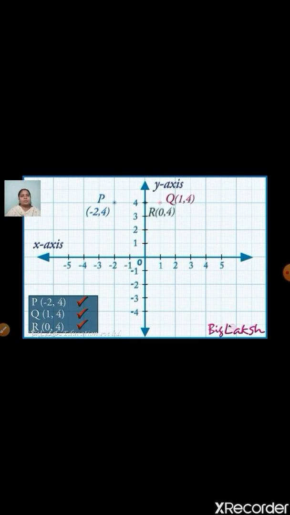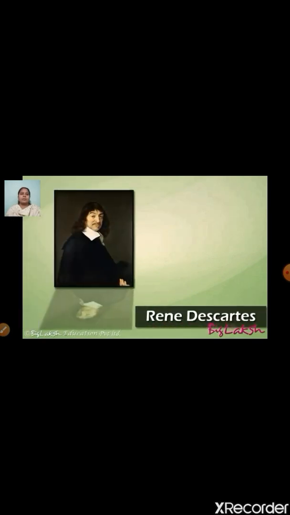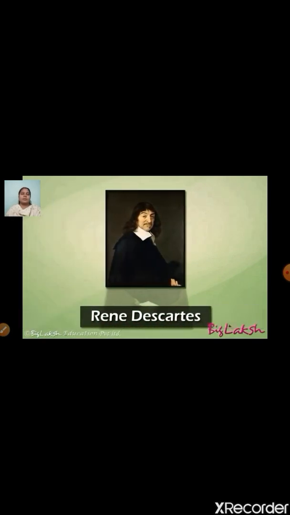This is the point R. Let us join these points P, Q and R. This is a linear graph. This system of locating points with axes and coordinates is known as the Cartesian system. The name Cartesian is related to the French mathematician and philosopher René Descartes.